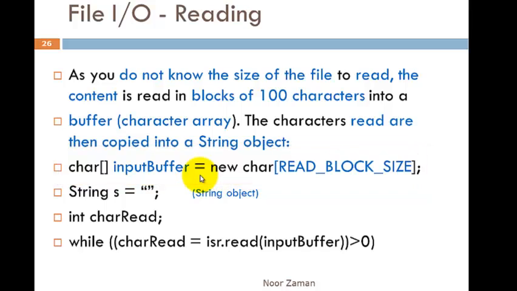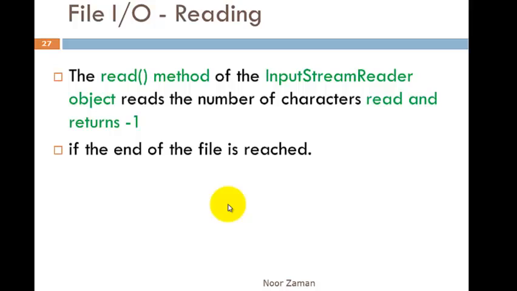So this is a little different because we are not aware of how much we will read. If you follow my mouse pointer, this is a character type array, and we are passing the block. The block size might be 100, as we are showing here, and then we create the string object, and finally whatever data we read, we copy back into the string. After this is done, we need the read method.